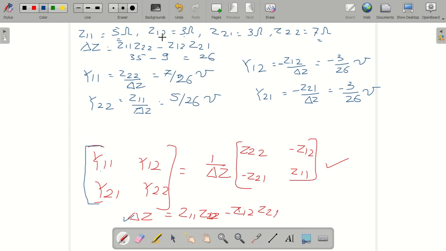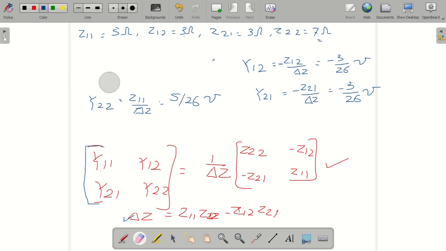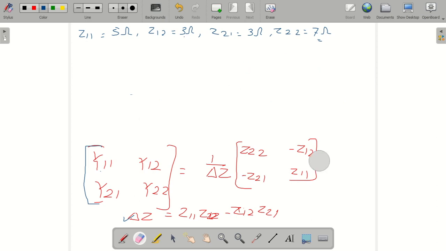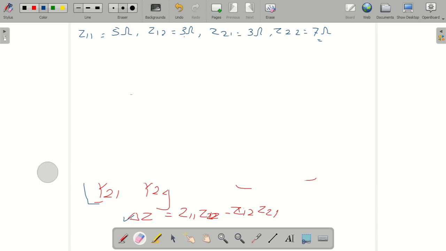So let me do one thing, I am rubbing it. Can I rub it? Okay. So I am assuming that I know it. Be careful about it.